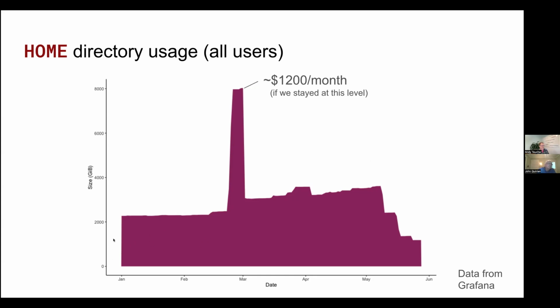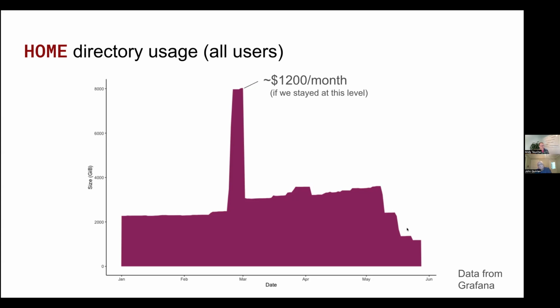And you can see it's kind of steadily grown. There was a massive spike at the beginning of March. It was actually before I had joined, so I don't know what led to that. But if we stayed at that level, we'd be spending $1,200 a month on the static storage, and that would be ongoing unless we take measures to clean it out.